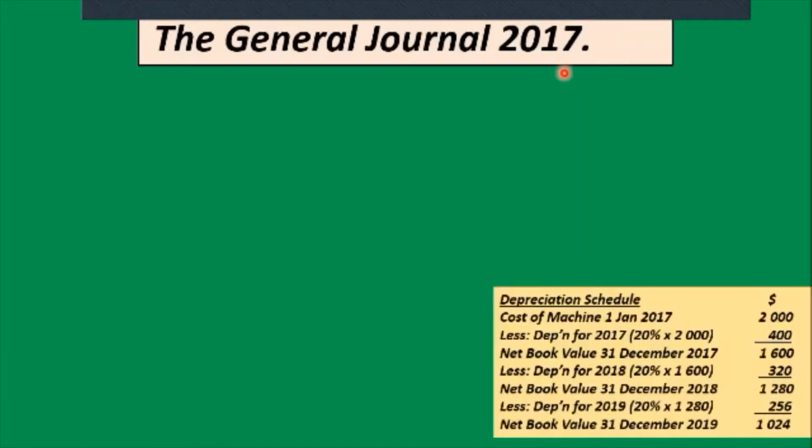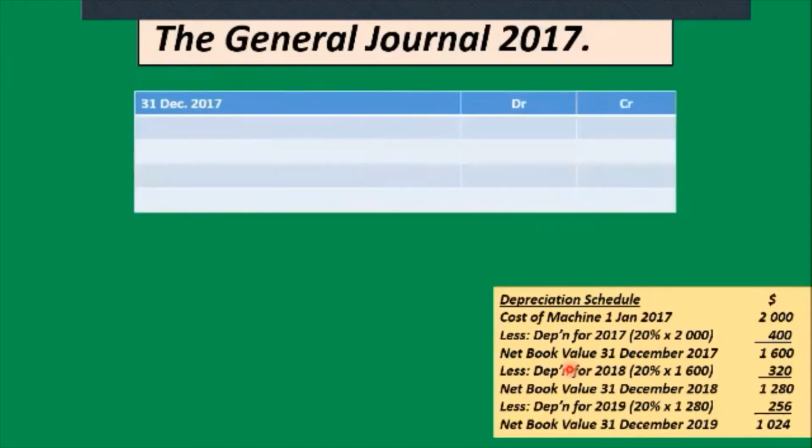For 2017, we'll have a general journal for 2017. I'll just bring this forward here so you can see where we are getting the figures from, just in case you have forgotten. Our general journal would look something like this.